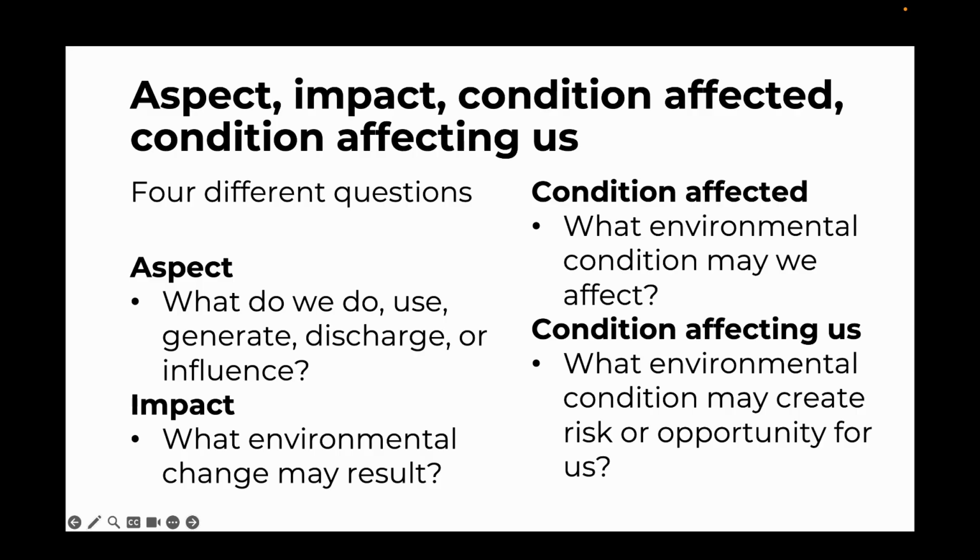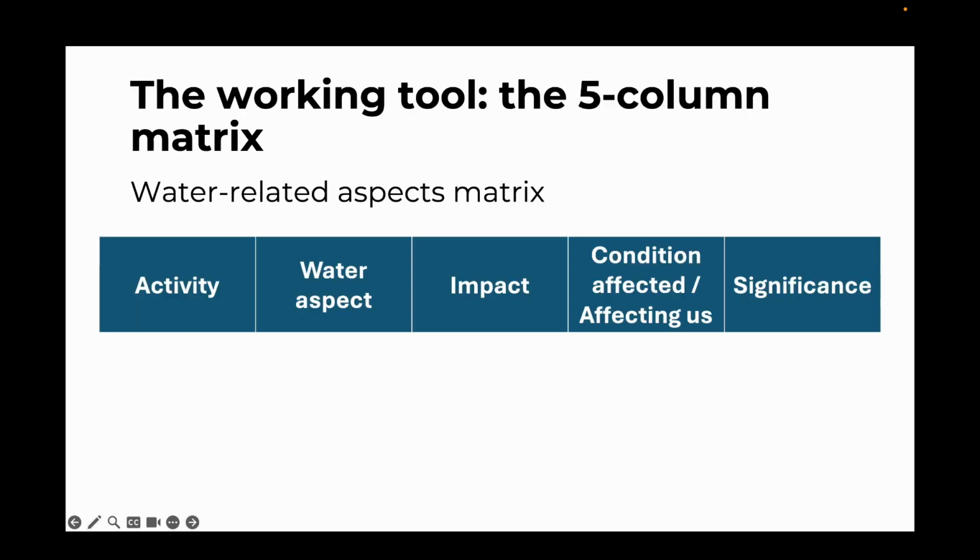For this episode, we will use a simple 5-column matrix. The first column is the activity. The second column is the water-related environmental aspect. The third column is the possible impact. The fourth column connects the aspect to environmental conditions.